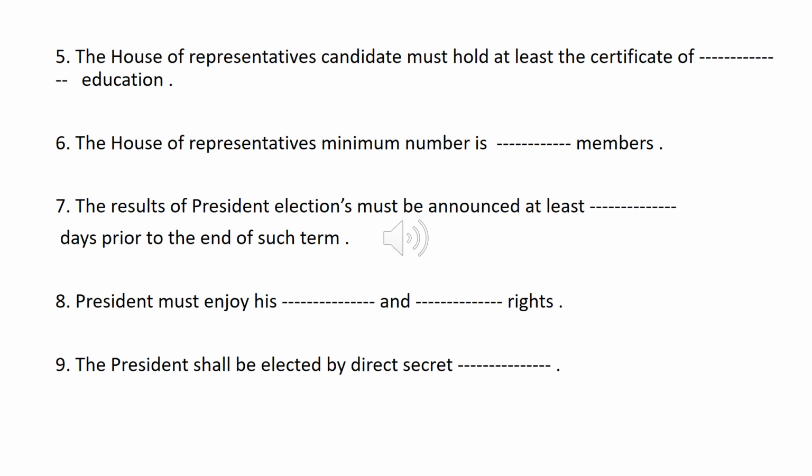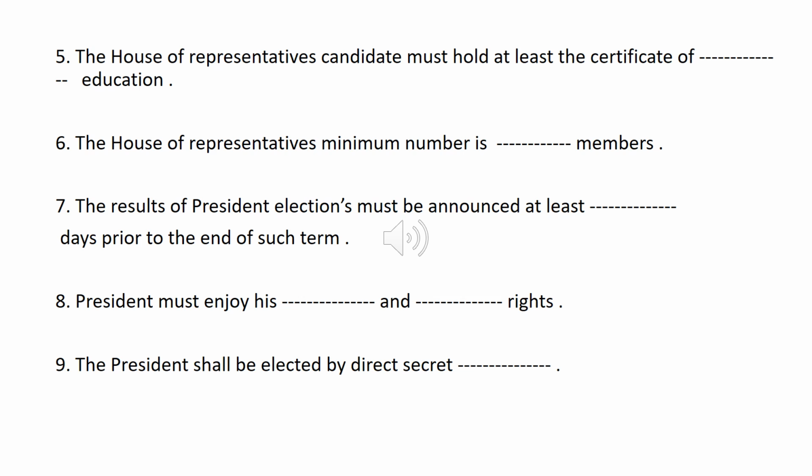Question number 5. The House of Representatives candidate must hold at least the certificate of education. To be a candidate for the House of Representatives, you must hold at least the certificate of basic education.